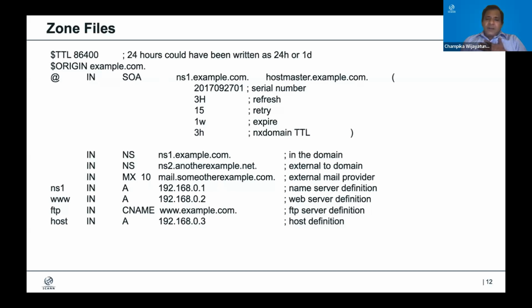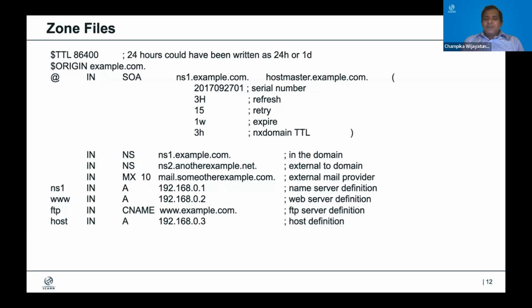If I am the primary and you are the secondary, my data and your data have to be consistent, because the queries can come either to me or to you. So we have to make sure that we give consistent answers. If I give the recursive server one answer, and you give another answer, that means they are not consistent, right?